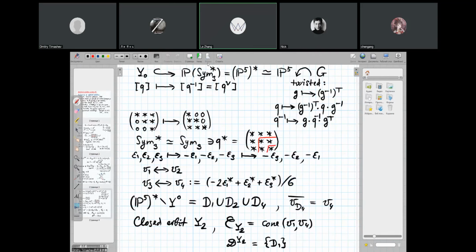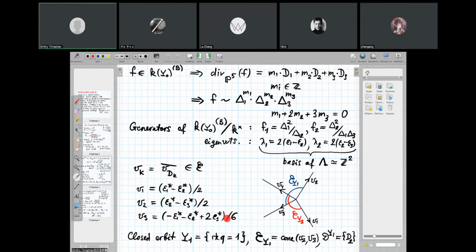The sum of v4 is this one, and v3 is this one. I forgot that we reverse. Yeah, we reverse the ordering.